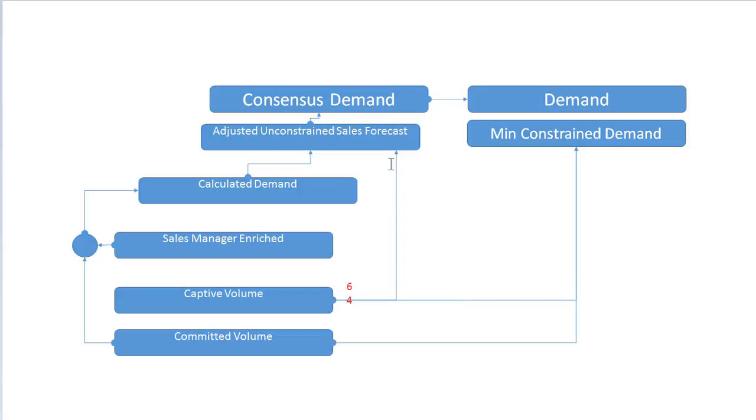These values will be copied via a copy operator to the adjusted unconstrained sales forecast key figure, and from there they will flow to the consensus demand key figure in order to be considered by the supply chain operator. The captive volume figures are also going to be copied into the minimum constraint demand, so they get the higher priority they require.